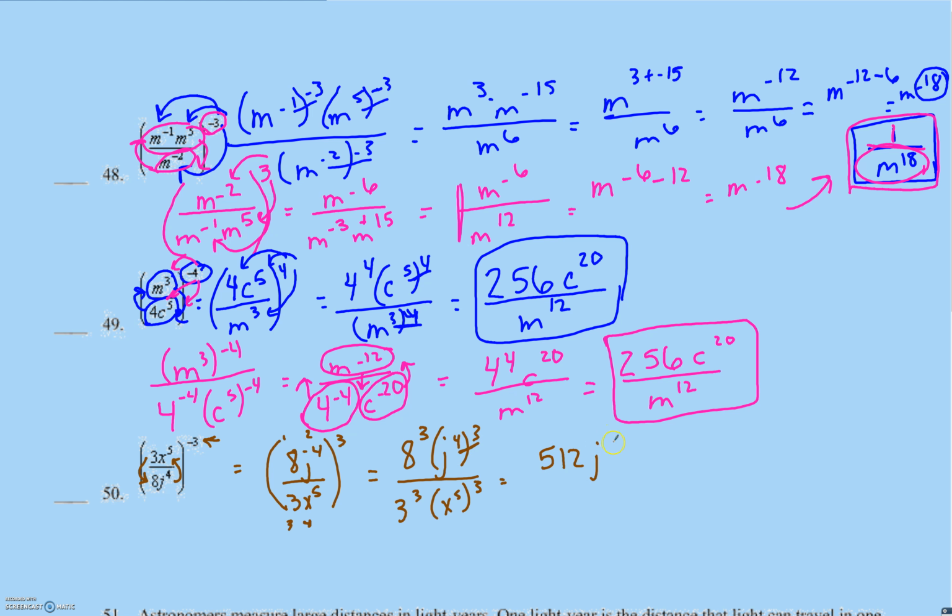Power to a power means I multiply my exponents. 3 cubed is 27. Power to a power means I multiply my exponents, x to the 15th. So I'm going to have 512 j to the 12th divided by 27 x to the 15th power.